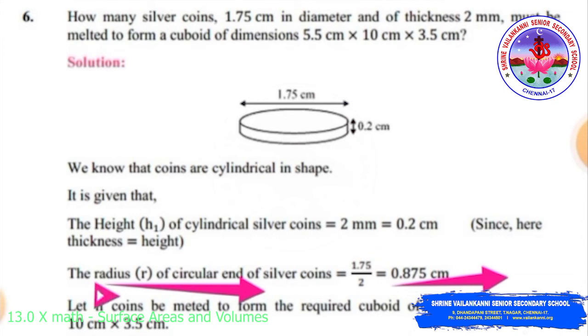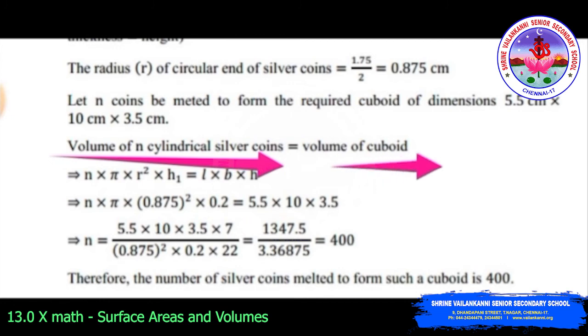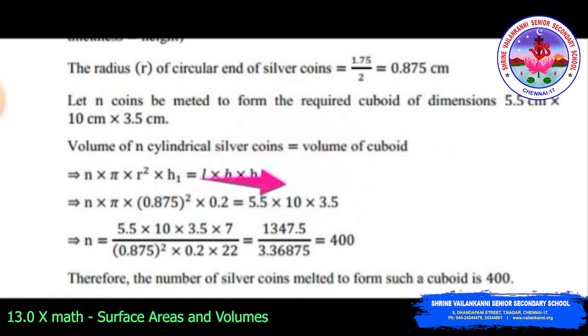So let n coins be melted to form the cuboid of the given dimensions. Volume of n silver coins is equal to the volume of the cuboid formed. So n into the volume of the silver coin, which is cylindrical in shape, so I am using the formula pi r squared h, is equal to the volume of the cuboid, l into b into h.